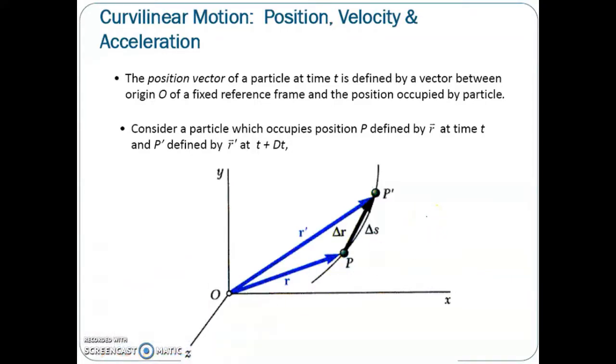The average velocity of the particle over the time interval delta t is defined as delta r over delta t.